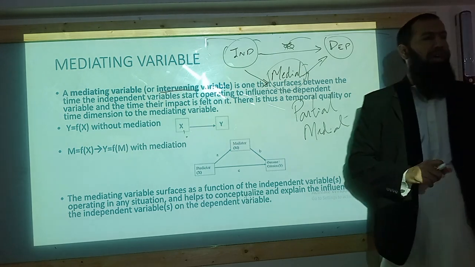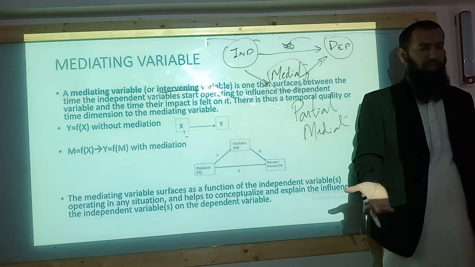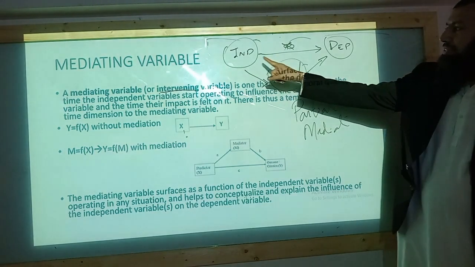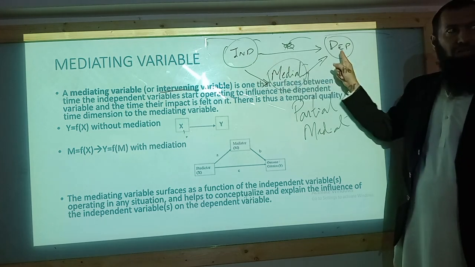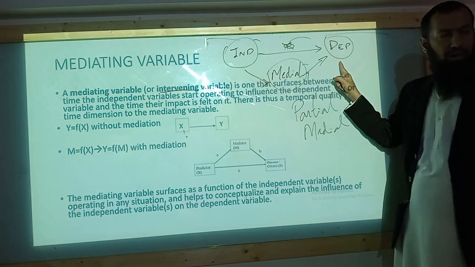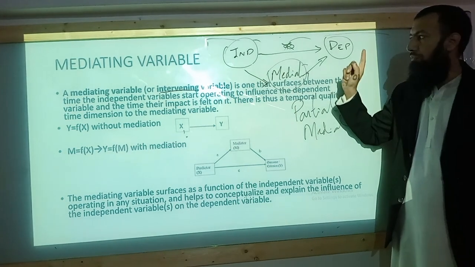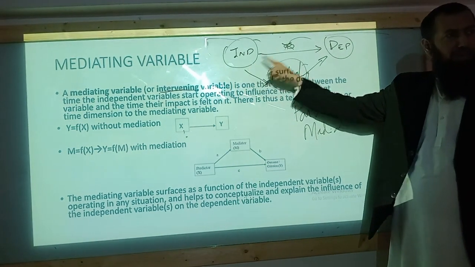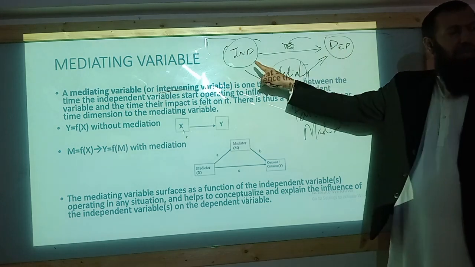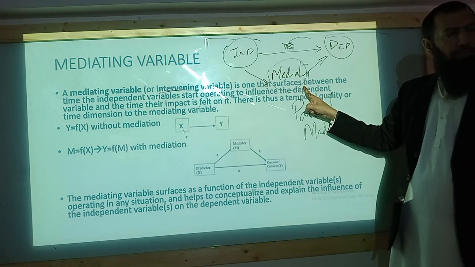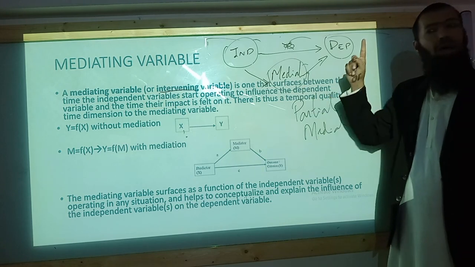So we have partial mediation or full mediation. I am repeating myself. When there is no relationship between the independent and dependent without a mediating variable, it is called full mediation. When there is a relationship between them and also through the mediating variable, it is called partial mediation.